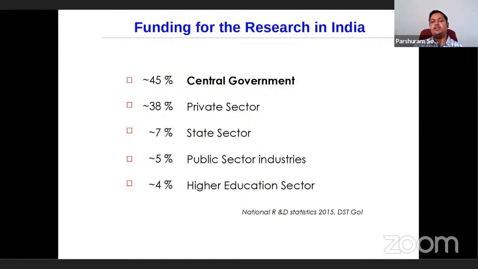Although this data set shows 38% contribution from the private sector, it mostly comes from the automobile sector as well as the software sector. Very little comes from the life sciences or pharmaceutical sector for R&D in life sciences.